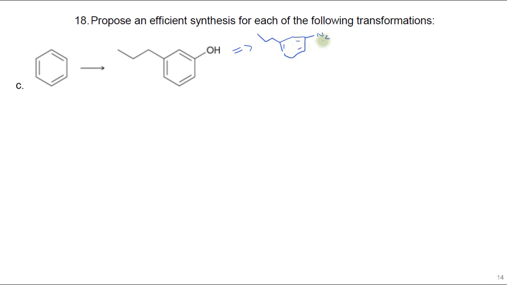And that is meta. So in this case, we can do our carbon group first. And to avoid a rearrangement, I can just add this and then reduce it. This one is a meta director, so actually I can add my nitro group right now.